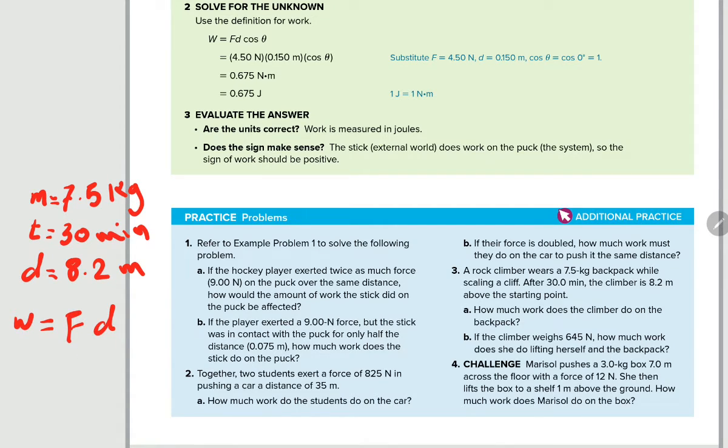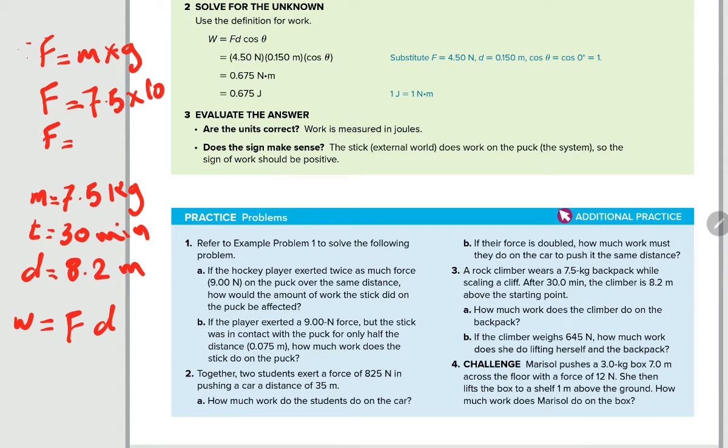F d. But here we don't have F in the knowns. But we know that F equal to M multiplied by G. So F equal to M, which is the mass, 7.5, multiplied by 10, approximately 10.